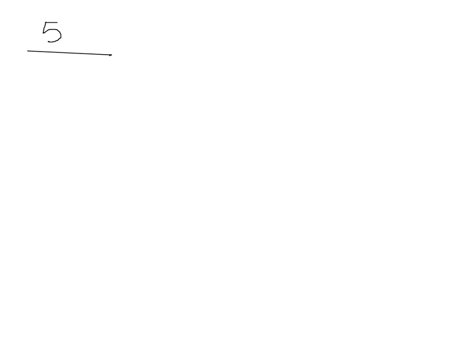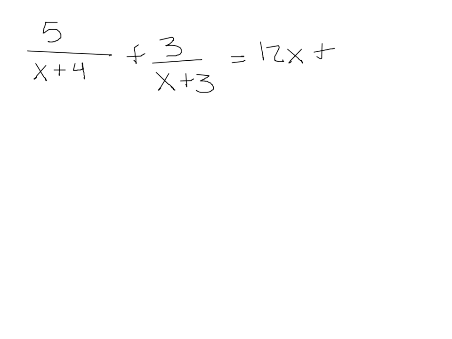Okay, now the next one we're going to look at is 5 over x plus 4, plus 3 over x plus 3, equals 12x plus 9 over x squared plus 7x plus 12.